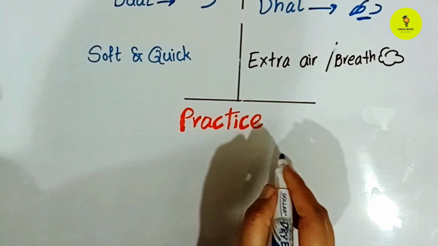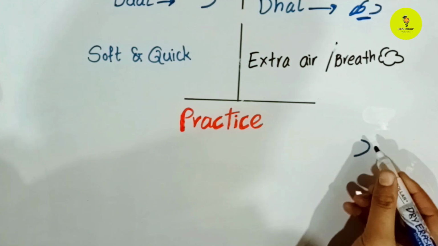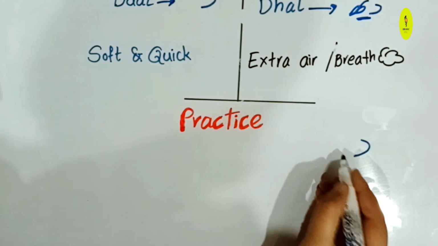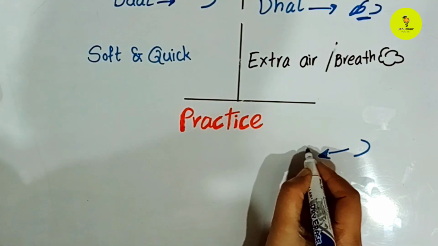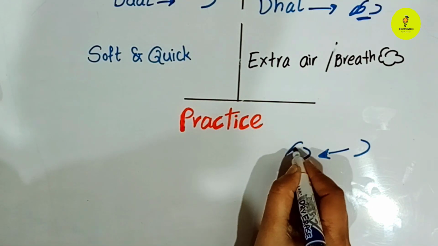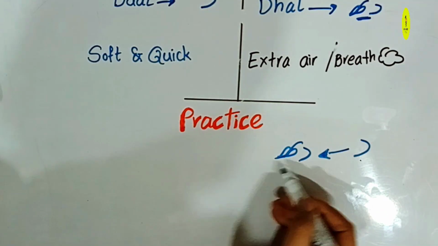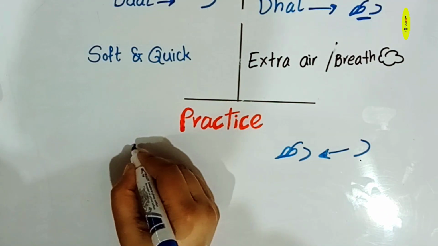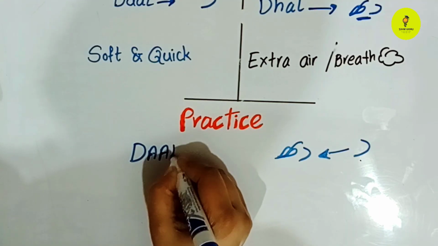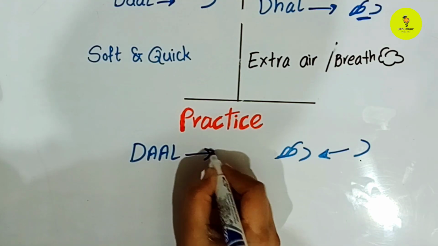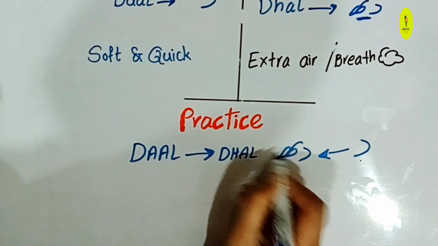Now we will practice writing. This is the soft sound in Urdu, Daal, and its hard sound is Dhaal. And here is the soft sound of Daal, and the hard sound is Dhaal.